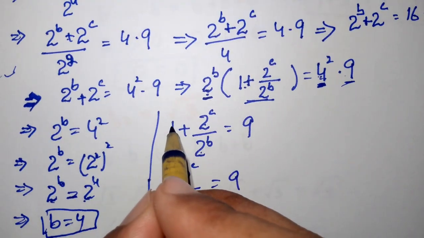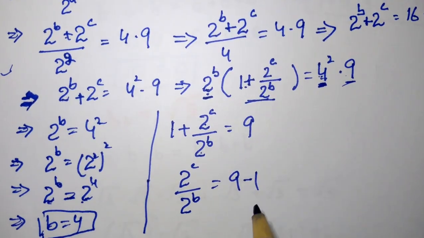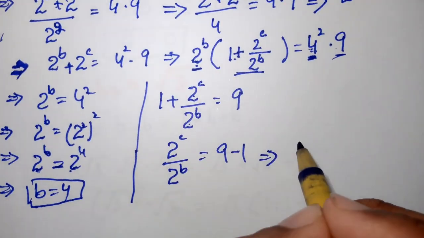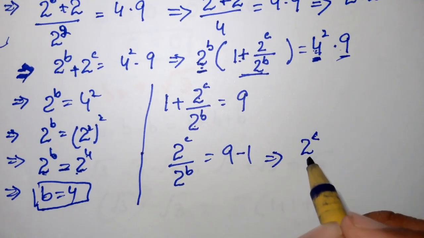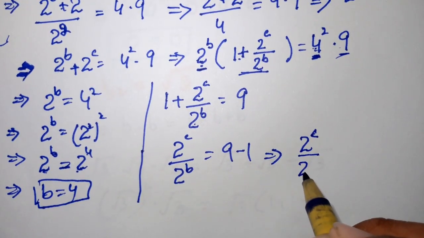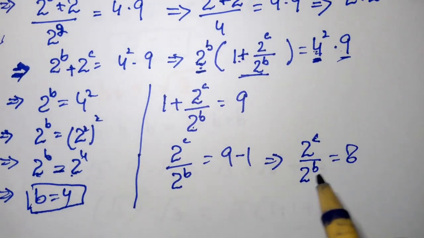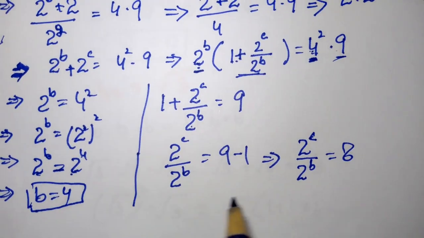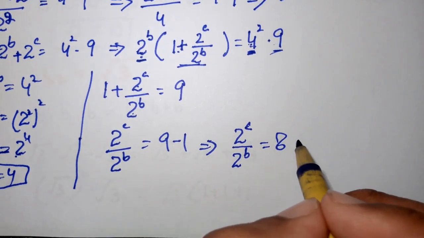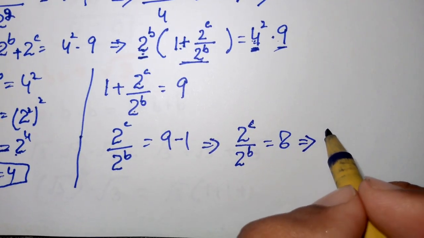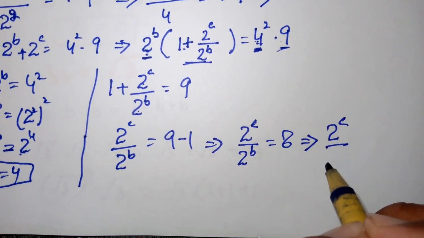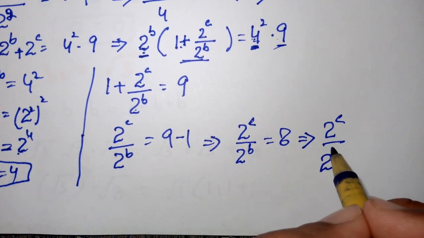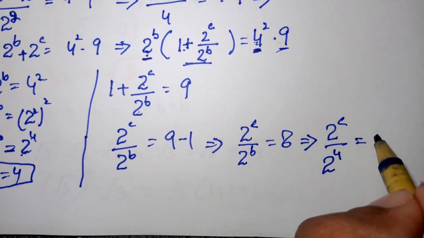We have to move the 1 to the left side by minus 1. This will be equal to 2 to the power of c, our 2 to the power of b is equal to 8. We know that b is equal to 4. We have to put the value of b here, so this will be equal to 2 to the power of c, our 2 to the power of 4 is equal to 8.